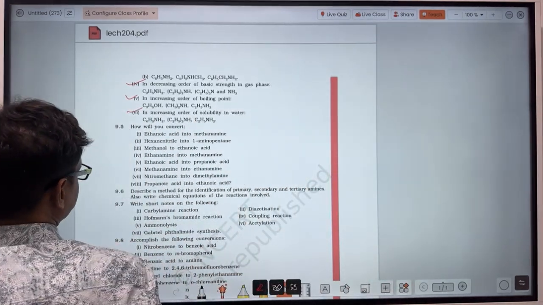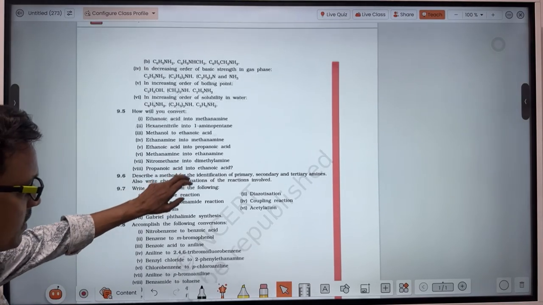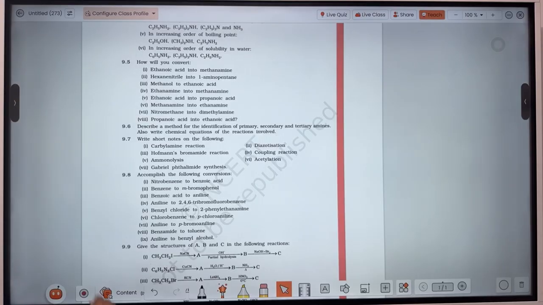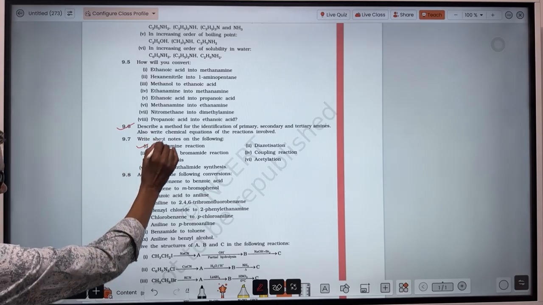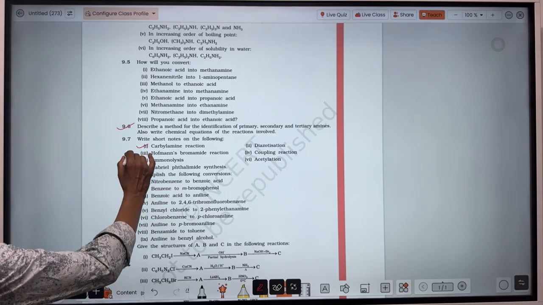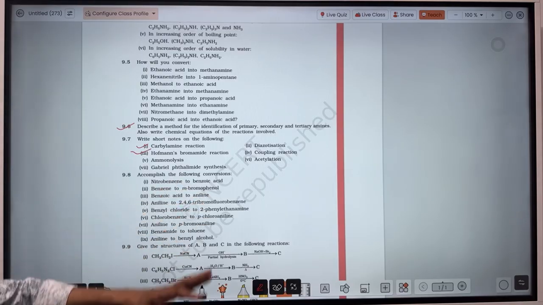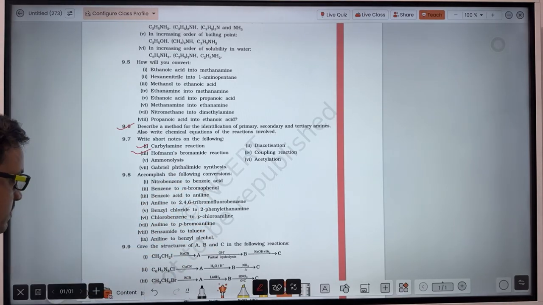Now, conversions I shall do later on. Among the chemical reactions, we have discussed the carbylamine reaction, used to distinguish primary amines. You are aware of that. Hofmann bromamide degradation reaction, we have done the reactions.